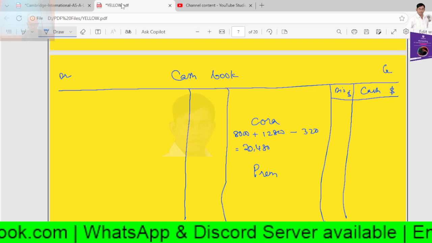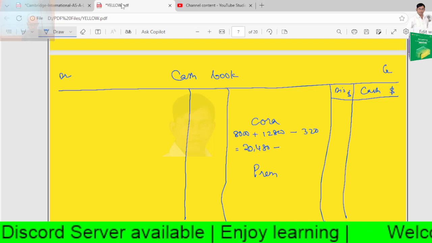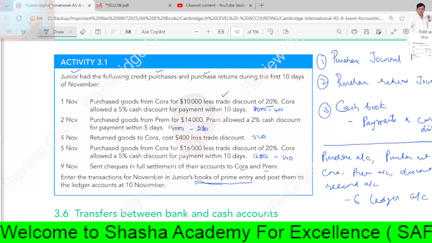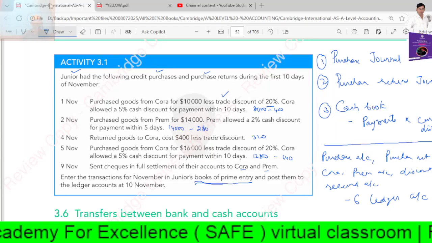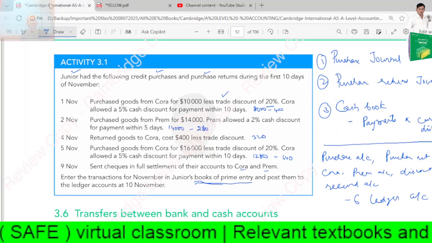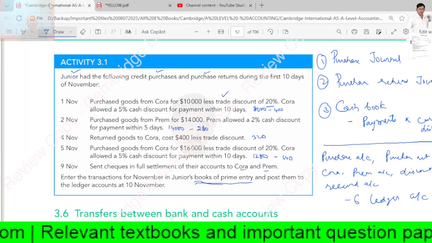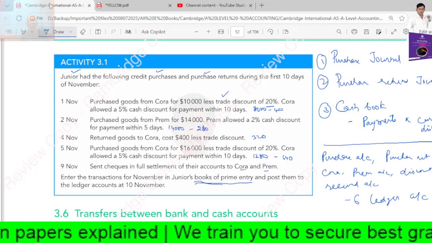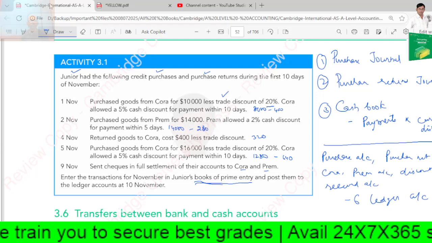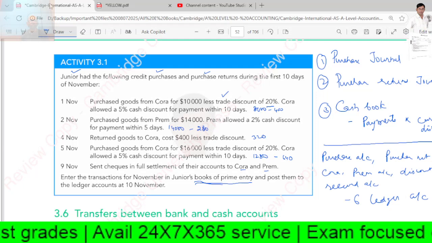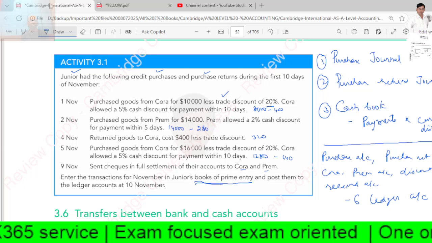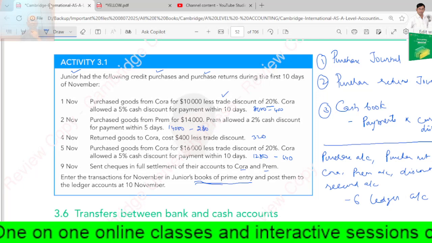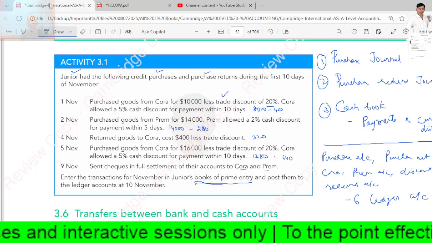But what is the discount? Discount 400, but you have returned goods worth 320.